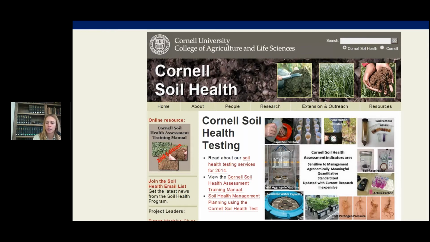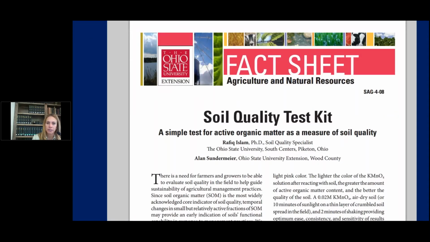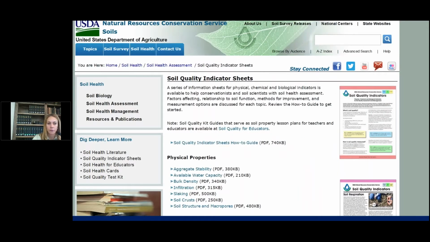There are still some issues that need to be addressed before we can actually promote this type of approach for producers. There's a lot of information over the internet. Ohio State and Cornell are probably the main universities that produce a lot of information on soil quality and soil health testing, and Cornell offers that analysis. NRCS also has quite a bit of literature on soil health.